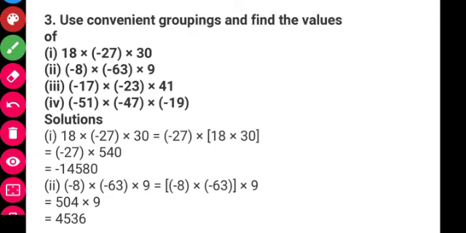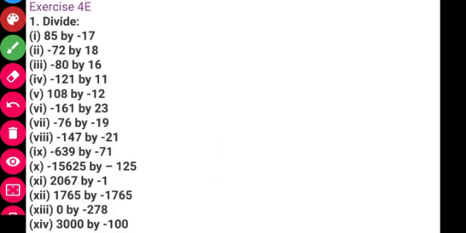Now come to next exercise 4e. It is given divide. So in the case of division also, that same thing, if sign are same, then answer will be positive, and when sign are different, then answer will be negative.